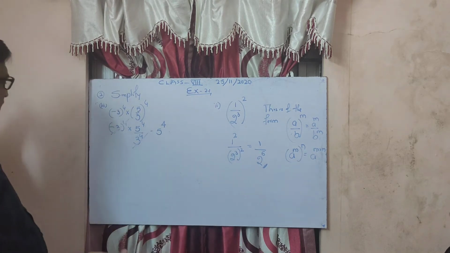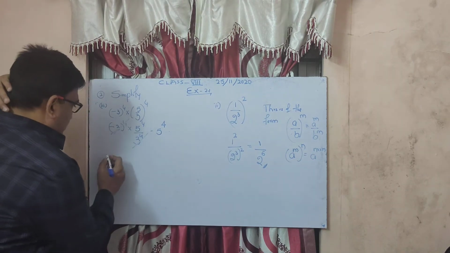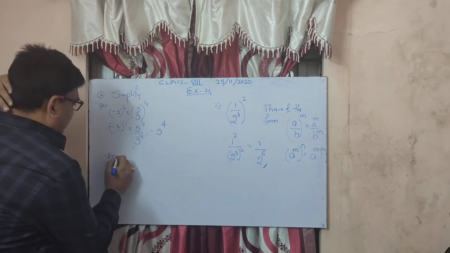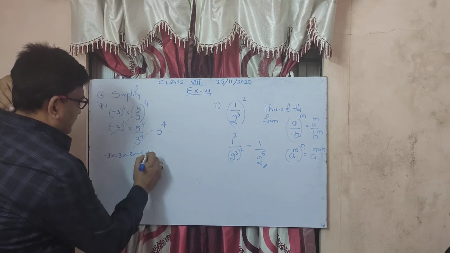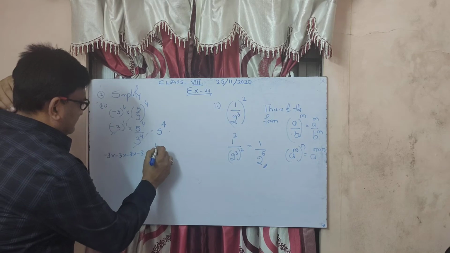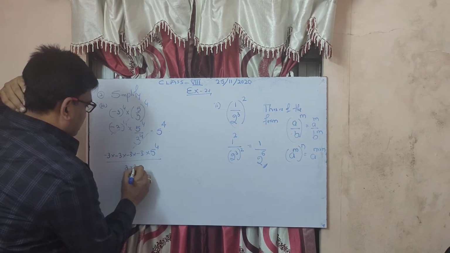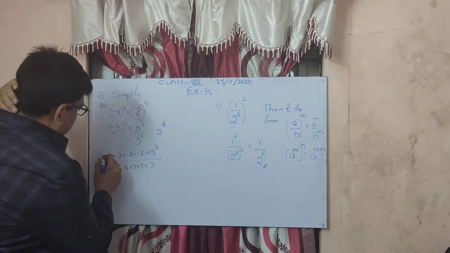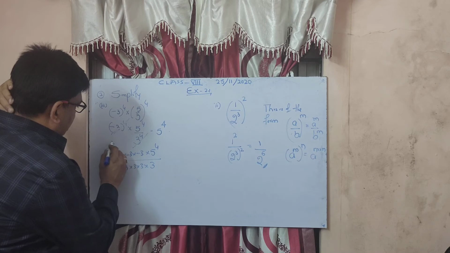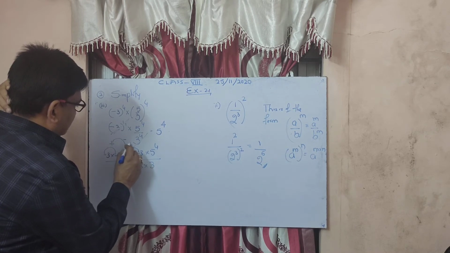Otherwise, if you want to do it, minus 3 to the power 4 is how much? Minus 3 into minus 3 into minus 3 into minus 3 into 5 to the power 4 as it is, divided by 3 to the power 4, 3 into 3 into 3 into 3. So minus into minus plus, plus into minus minus, minus into minus plus.